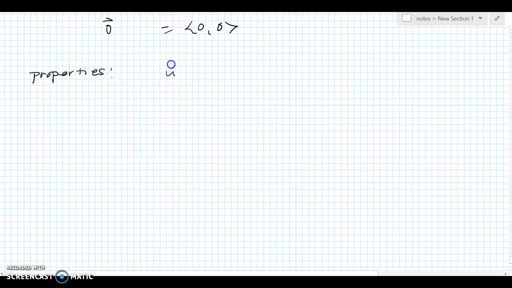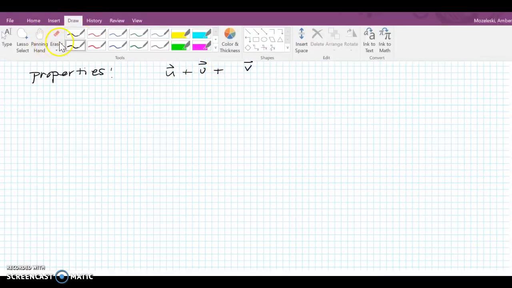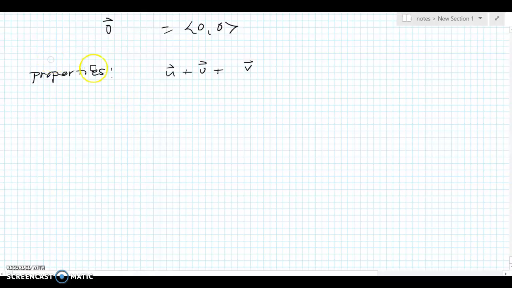So u plus v is the same thing as v plus u. Basically, you can add in any order.